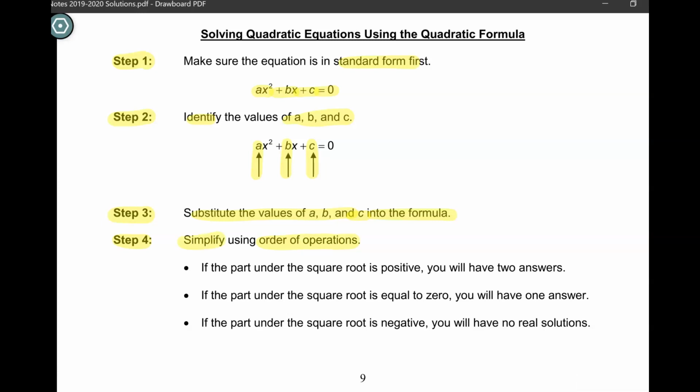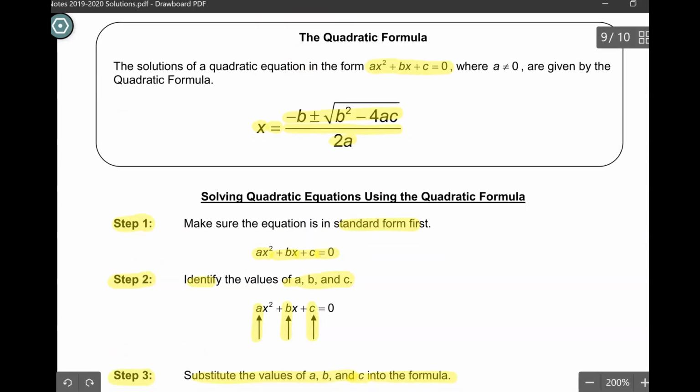Now, there are 3 possible situations that could happen when using the quadratic formula. You see how you have a square root here? Sometimes we get a negative number underneath the square root, sometimes we get 0, and sometimes we get a positive number.